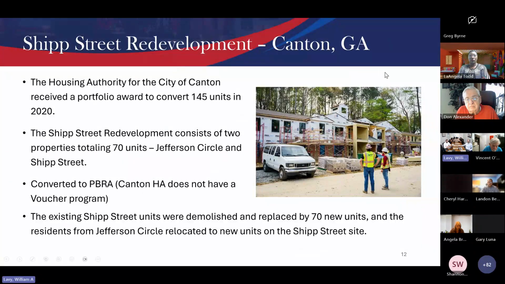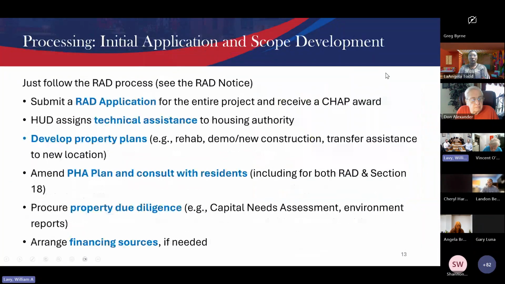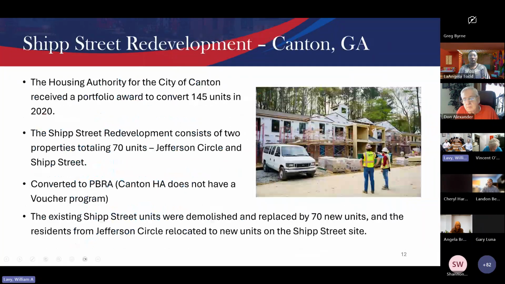Something to think about too is, as Will had laid out in the beginning, in Georgia, there are only so many PHAs that are also voucher agencies. So as Canton and their partners thought about what type of conversion they wanted to opt into, I believe this is actually the first PBRA conversion under the blend, if I'm not mistaken, which is neat.